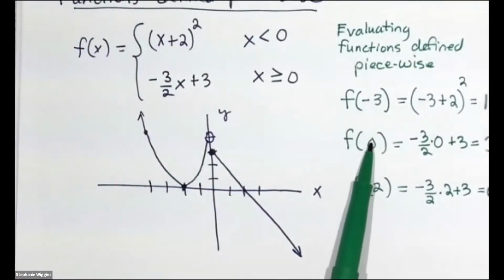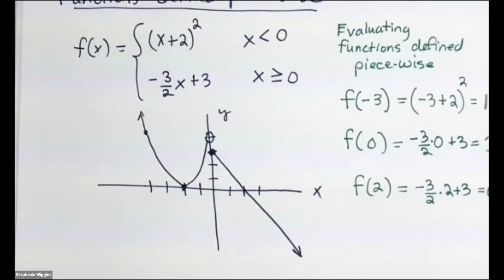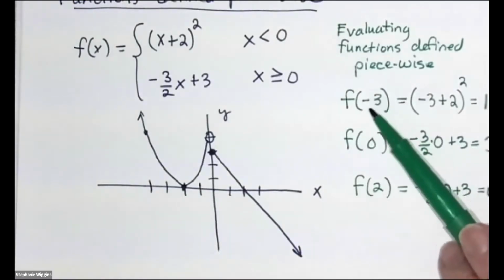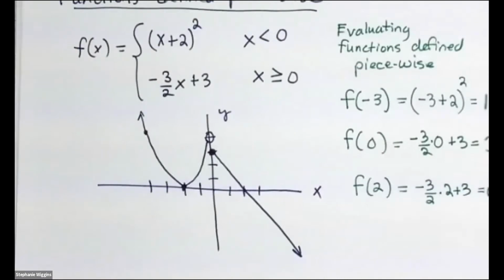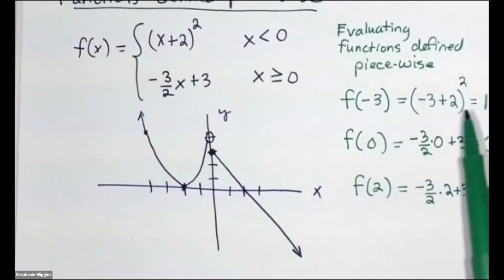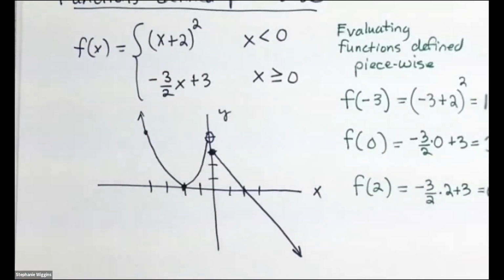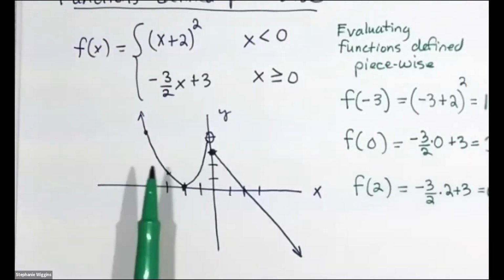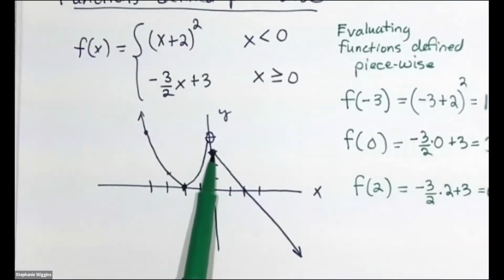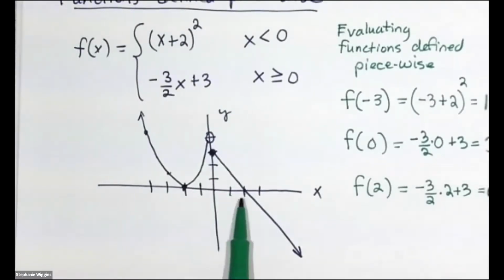So these are the input values, and these are the corresponding output values. These are the x values, and here are the y values. And each pair is a point on this graph. So -3, 1 would be right here, this point. 0, 3 is right here. 2, 0 is right there.